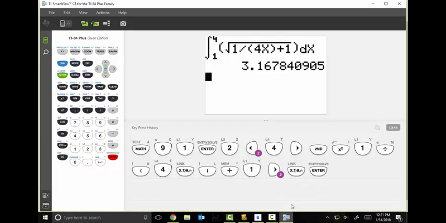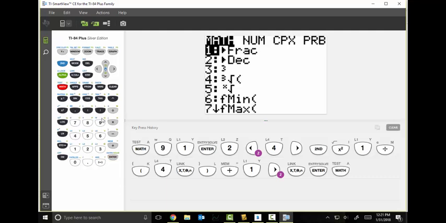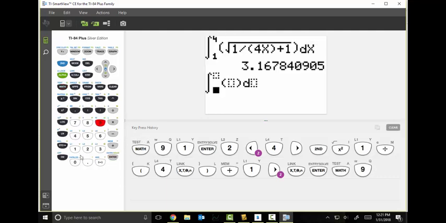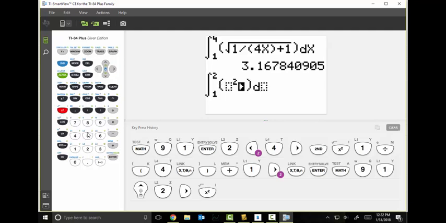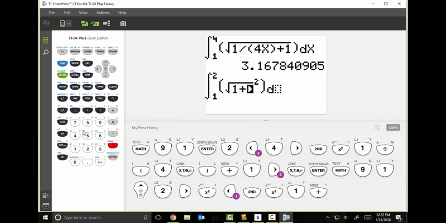Well, let's pop back over to our TI. And I'm going to go math, and I'm going to go 9, and I'm going from 1, and then don't forget your toggle, to 2 of the square root of 1 plus... Sorry, ladies and gentlemen, I'm blowing it today. Now, this thing doesn't run on y's, it runs on x's.